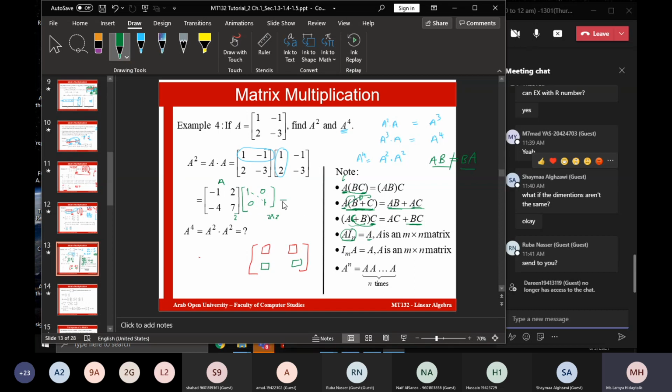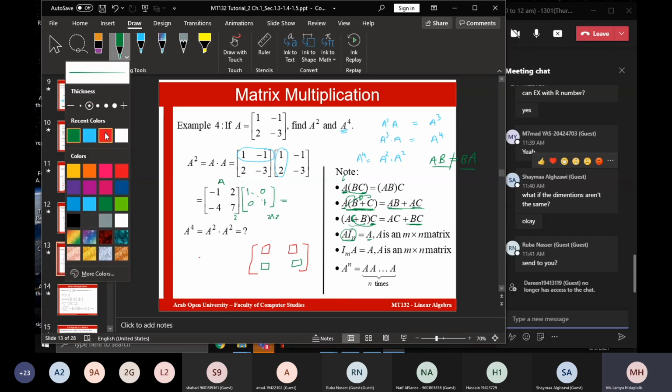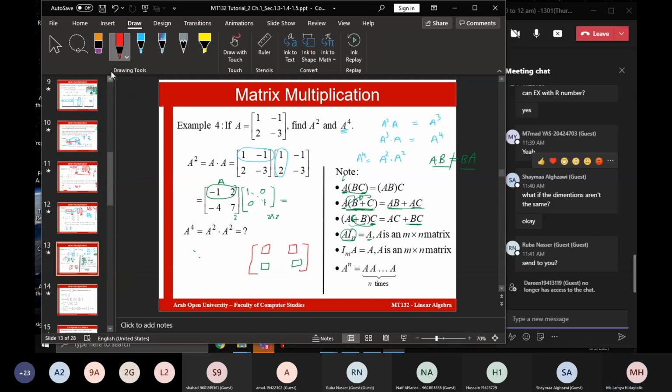Now how can I multiply? The same way of multiplication we defined: we multiply the row times the columns here and here. So you get minus 1 times 1 is minus 1, plus 2 times 0 is 0, so it comes out minus 1.